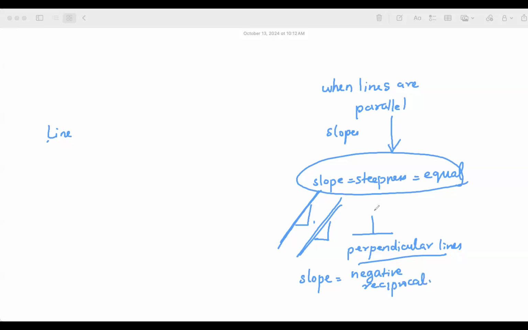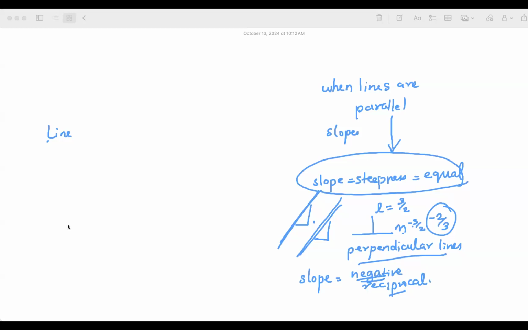So now let's say line L and M. L's slope is 3 by 2, so M's slope is minus 3 by 2? That is incorrect. First negate it and flip it, the reciprocal. Negate and flip. Minus 2 by 3 is the answer. Did you guys get it?